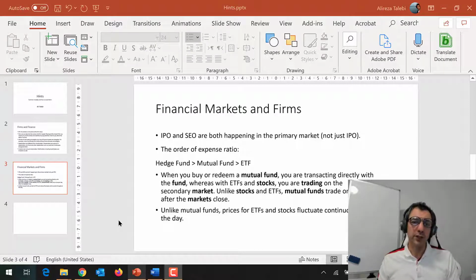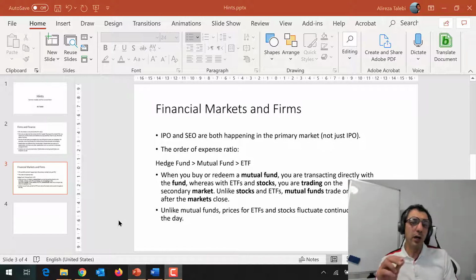Mutual funds are usually traded at the end of each business day. The net asset value, which we already talked about, is determined at the end of the day. So you cannot buy or sell shares of a mutual fund during the day. What you can do here is buy or redeem a specific part of the mutual fund.